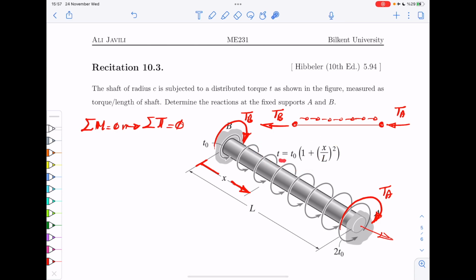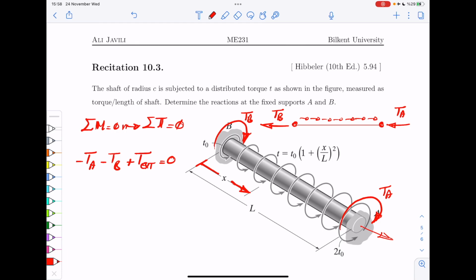But pay attention, this is applied as a distributed torque. This is torque per length. So the integral of that would be your total torque. Does that make sense? I am going to just call that T external, and that is counterclockwise in our coordinate system. It's a plus. A and B are clockwise, so they come with a minus, and that's 0, okay?